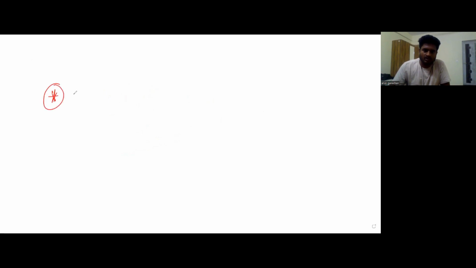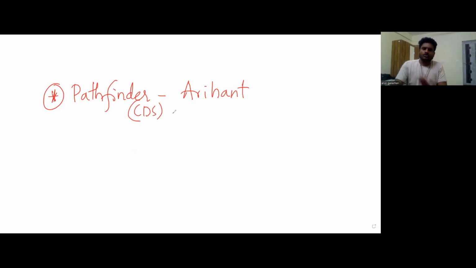The two sources are: you have to take Pathfinder of Arihant Publications, Pathfinder for CDS. Don't buy any extra book for AFCAT, CGCAT. Don't buy anything else. This is more than enough.